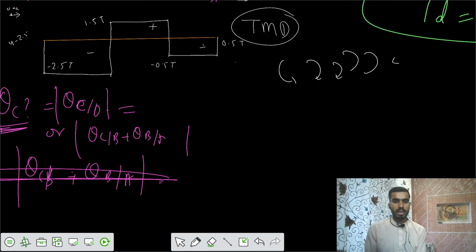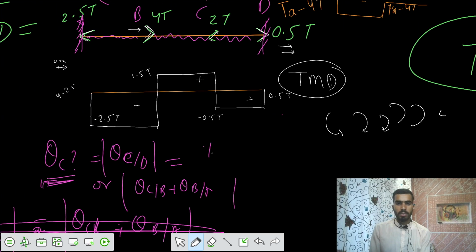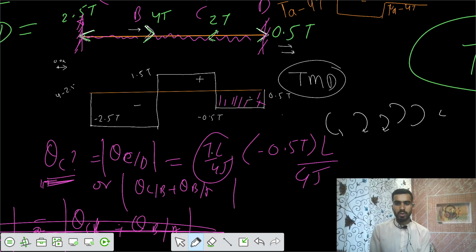So let's forget that. If you want to say what is the value of theta CD, you have to take TL by GJ. But for that, you have to take T because of this one. So you have to write minus 0.5 T times length L by GJ. So you got a value of minus 0.5 TL by GJ.